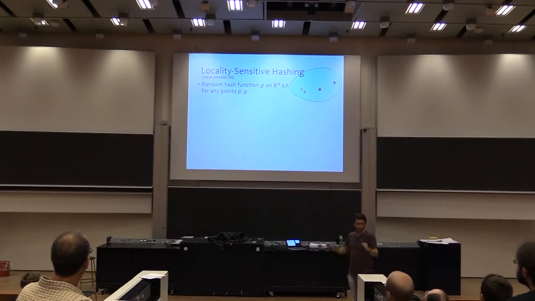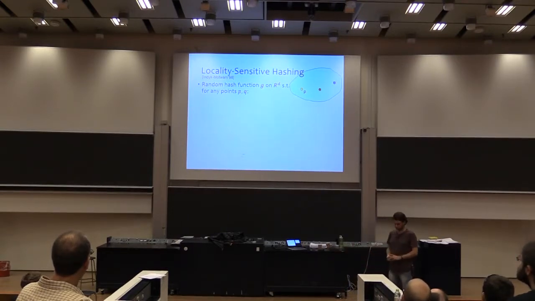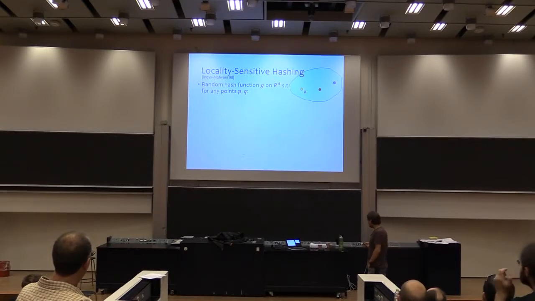Okay, so finally we're talking about hashing, locality sensitive hashing. We're talking about algorithms for this approximate problem, and essentially all the algorithms I'll be talking about are based on locality sensitive hashing. Essentially all theoretical algorithms for this problem that achieve sublinear query time are based on locality sensitive hashing.